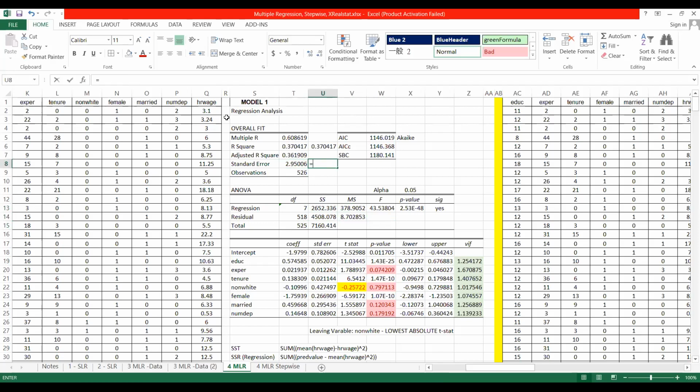I think I showed this to you before. Square root of this, okay, that's now your standard error. And then your F-stat is simply your MSR over MSE. We divide these two, that's our F-stat. Okay, please take note, guys, because in the exam, I can give you some values here and then you find the values in this table.